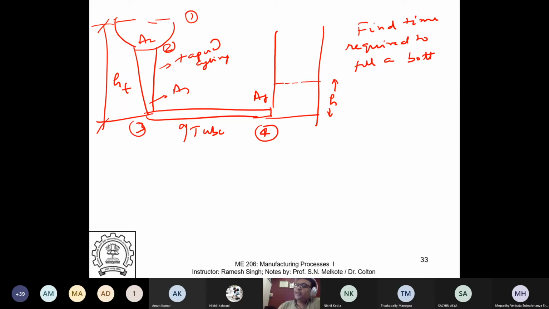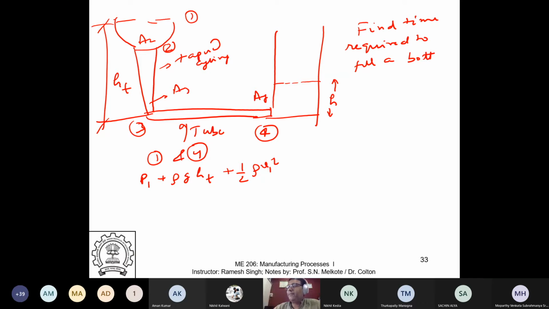So basically, this is what it is. Now, if I want to write Bernoulli's equation between 1 and 4, can somebody tell me what I should use? P1 plus rho g h1 plus half rho V1 squared. We have decided that V1 is very slow because it is like a reservoir, with very little change in velocity at the first interface.